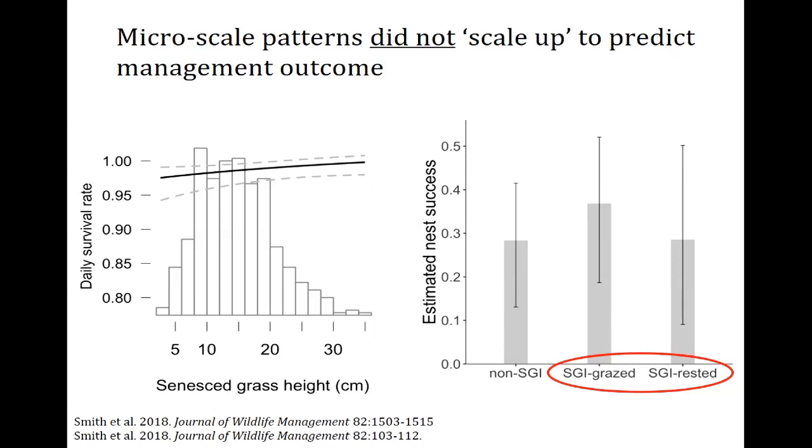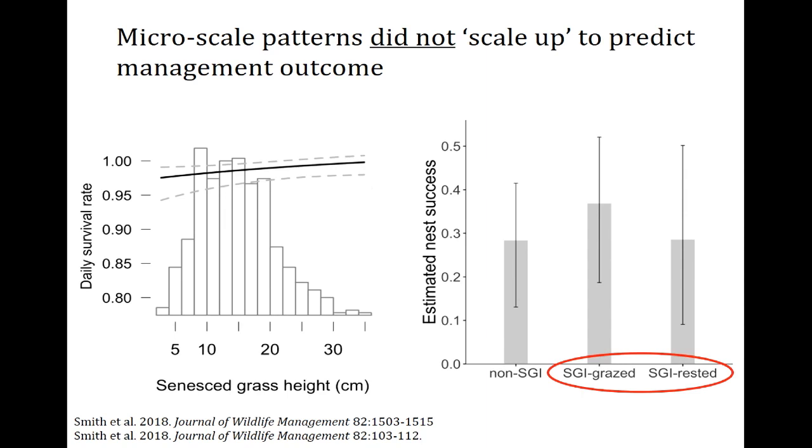On the one hand, the left-hand chart here is showing that we found some evidence for that micro scale pattern that I mentioned, where taller grass was associated with higher nest success. In our case, we found a relationship with residual grass height. It was weak, but in the expected direction. However, that didn't scale up to management.